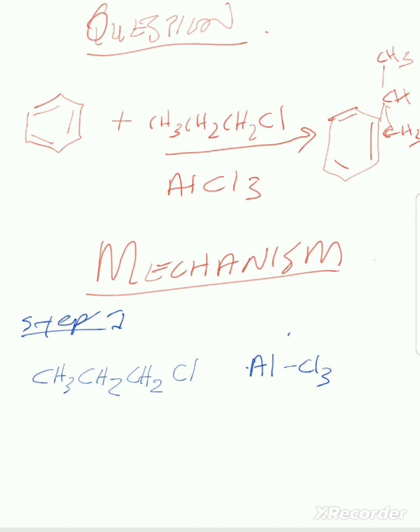So the way it is here, this one has got electrons. These electrons will come and attach themselves where? They will come and attach on the aluminium. Then it will give us this. So here I can write something like this, CH3, CH2, CH2, with chlorine which has attached to aluminium, like this.